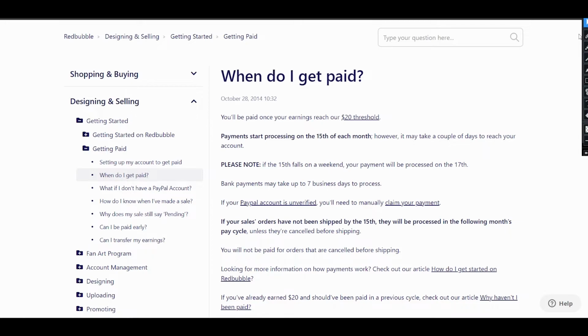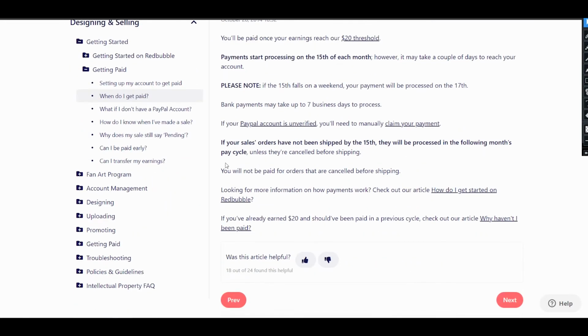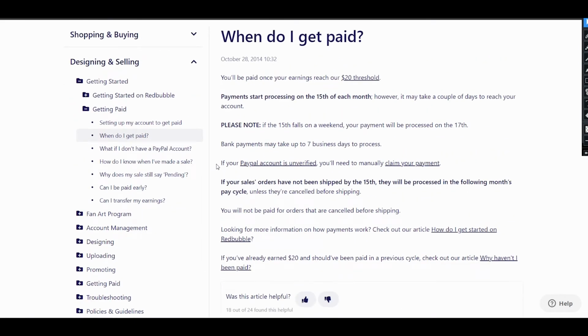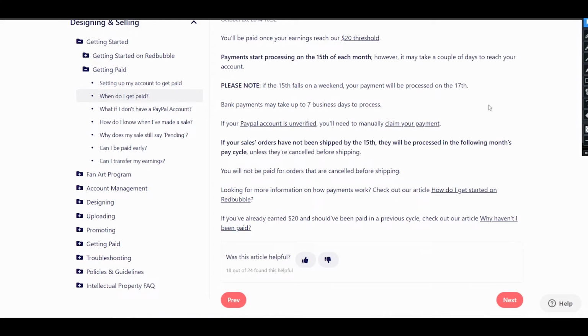As you can see, bank payments may take up to 7 business days to process, but usually it will be faster, so usually you will not have any problems. You just need to wait some days after the 15th of each month, and your royalties will be on your account, bank account or PayPal account.